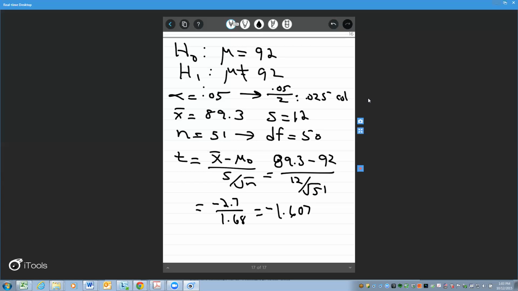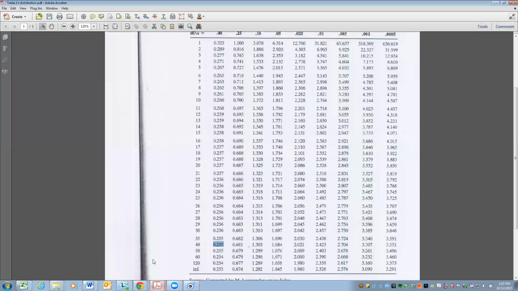I'm now going to look up my t-value of 0.025, comma, 50, and I will see that in the 50 row, I want the 0.025 column, which is going to give me 2.009. So I know I'm really looking at plus or minus 2.009. Right?